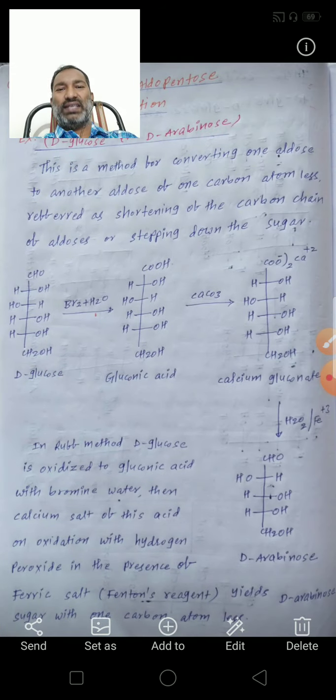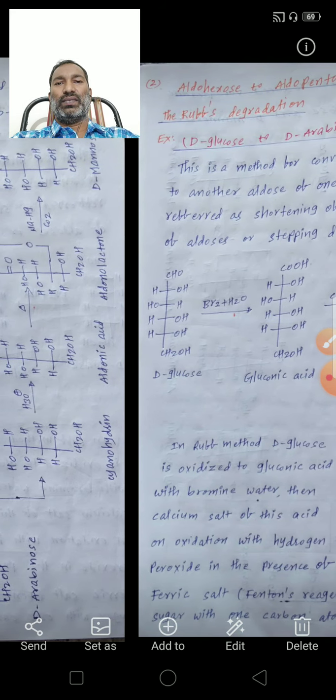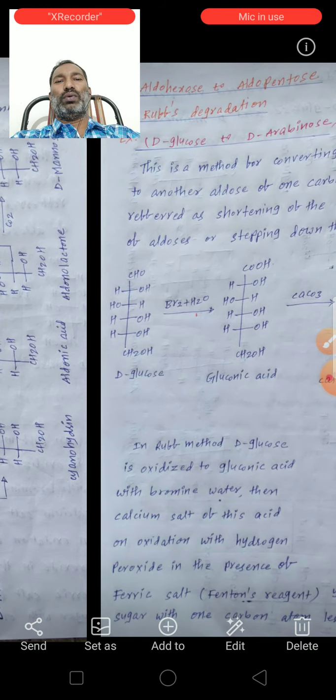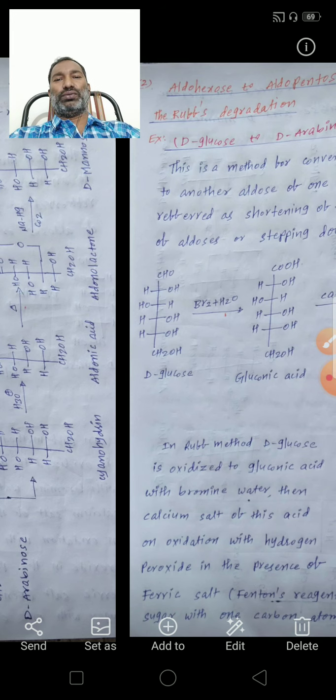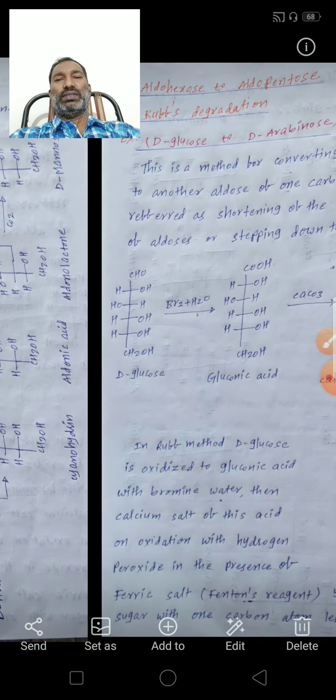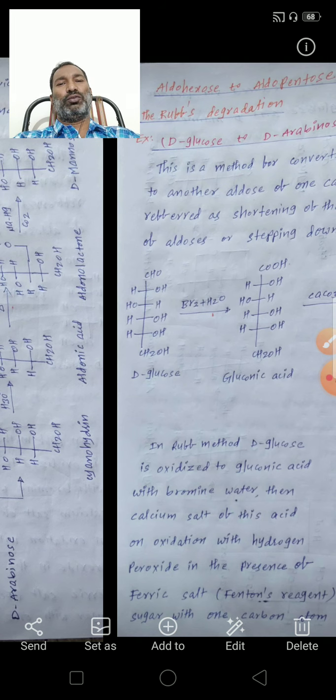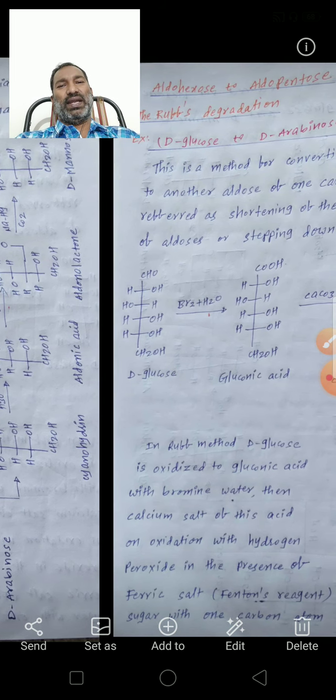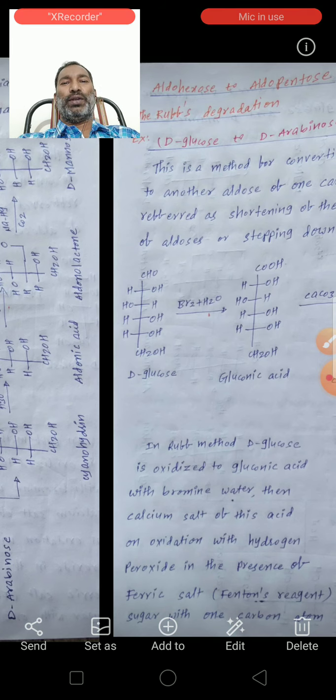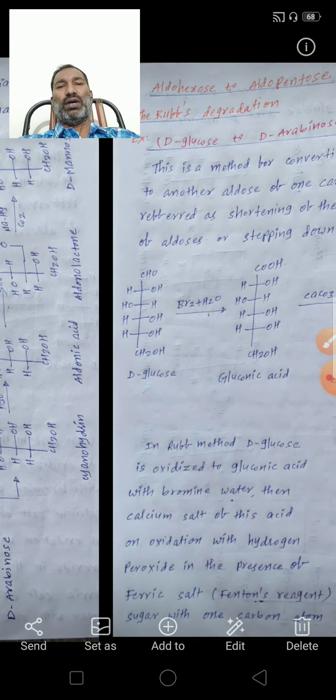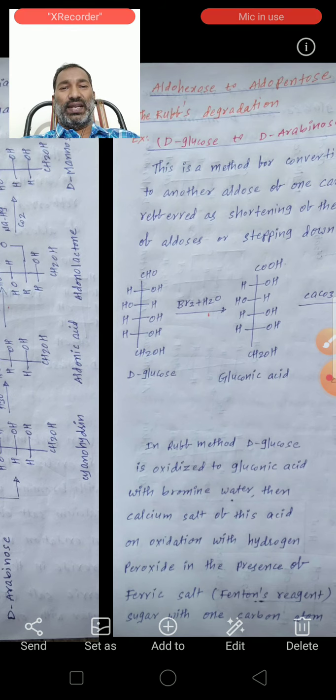See here, next one, aldohexose to aldopentose. Aldohexose means containing an aldehyde functional group and 6 carbon atoms. Aldopentose means containing an aldehyde functional group and 5 carbon atoms.